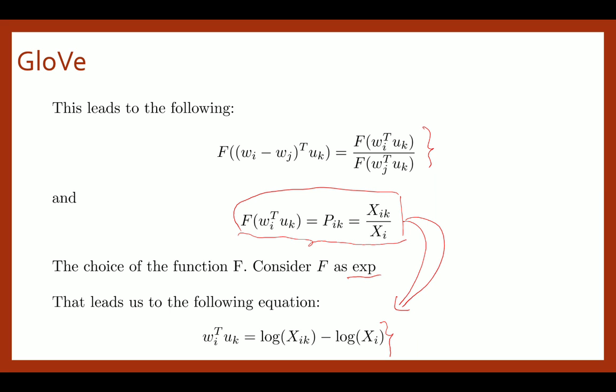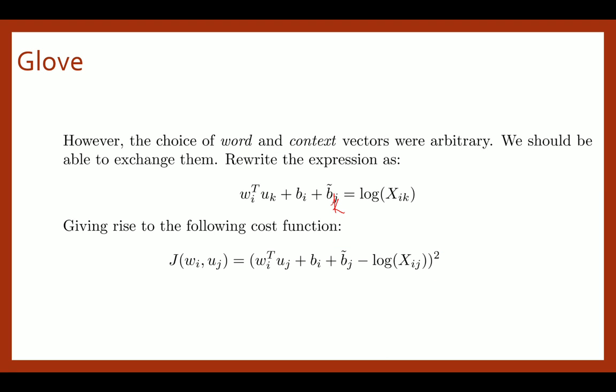So if you modify this equation a little bit by adding a term reflecting the presence of the context vector, this is a bias associated with the target word, and this is the bias associated with the context word.